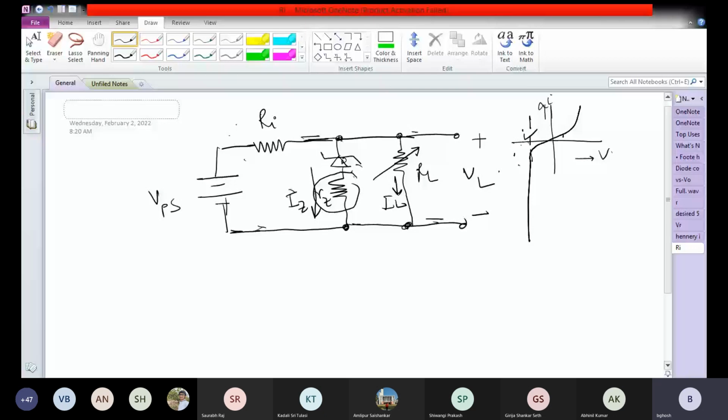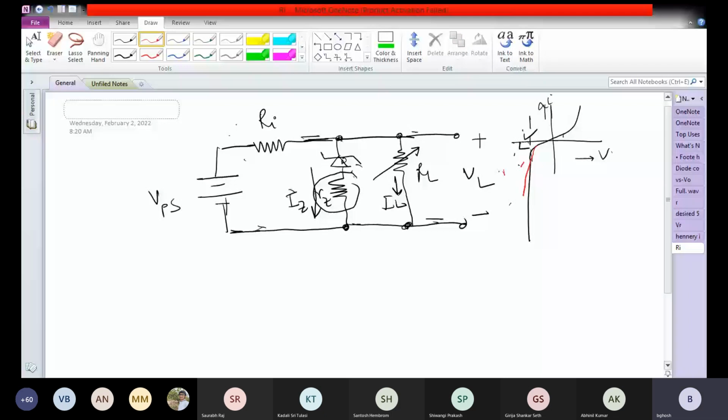But in an ideal Zener diode, though this can be theorized or assumed, that is not true for a practical Zener diode. All practical Zener diodes will have a finite amount of resistance, which means that this line, instead of going straight, will be slightly slanted.